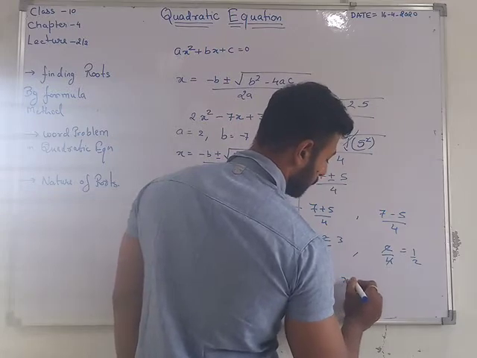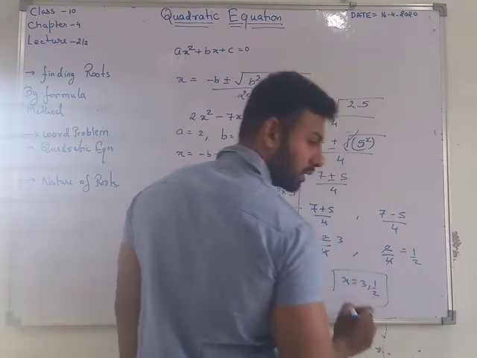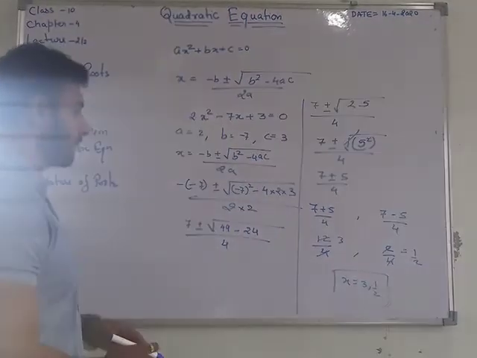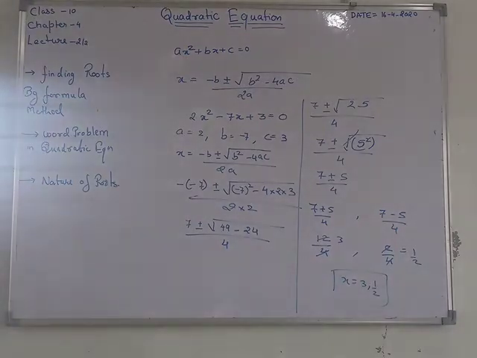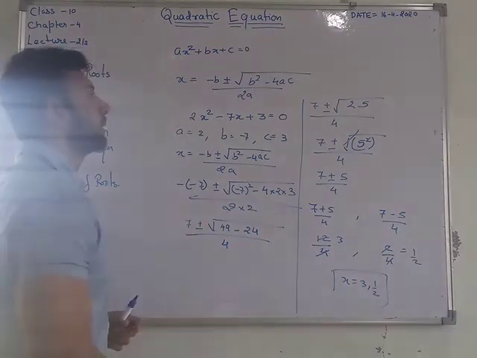So x is equal to 3 comma 1 by 2 is the required solution. Now let us move to our second topic, word problems in the quadratic equation: how we can change the word problems into the quadratic expression. I hope you got the idea how we can solve with the formula method.